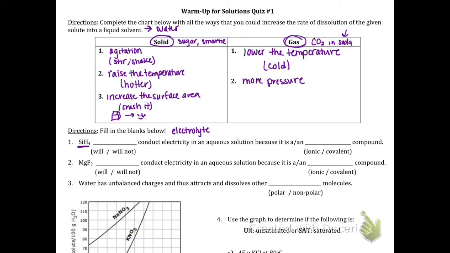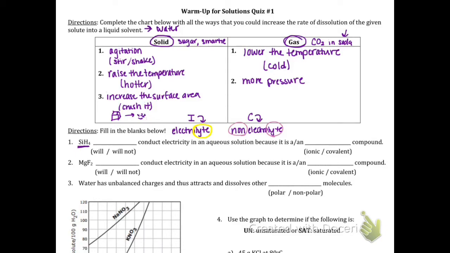It will light up because it has a current. And the non-electrolyte basically will not light up. So electrolytes are going to be ionic compounds, and non-electrolytes are covalent compounds.